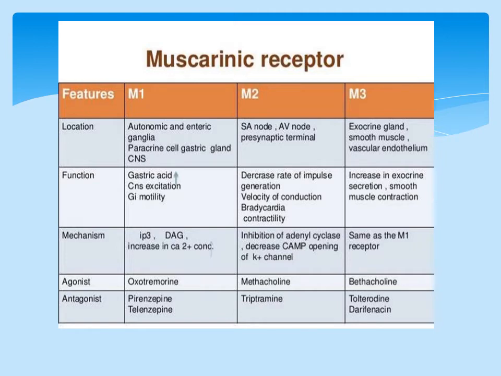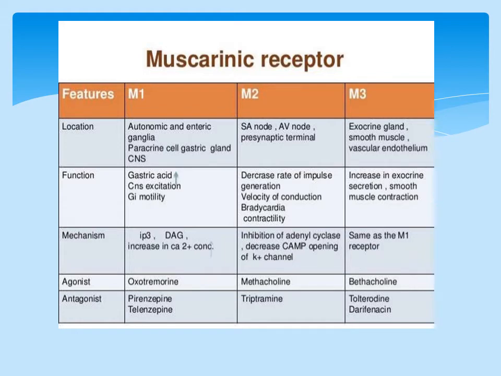And M3 receptor, which is present in smooth muscle, causes smooth muscle contraction. And again, in mechanism, M1 receptor acts through the IP3-DAG pathway, M2 receptor inhibits formation of cyclic AMP, and M3 receptor has the same mechanism of action as the M1 receptor.